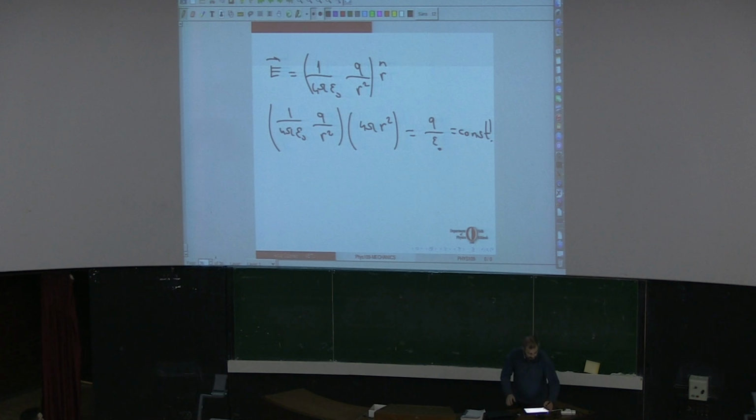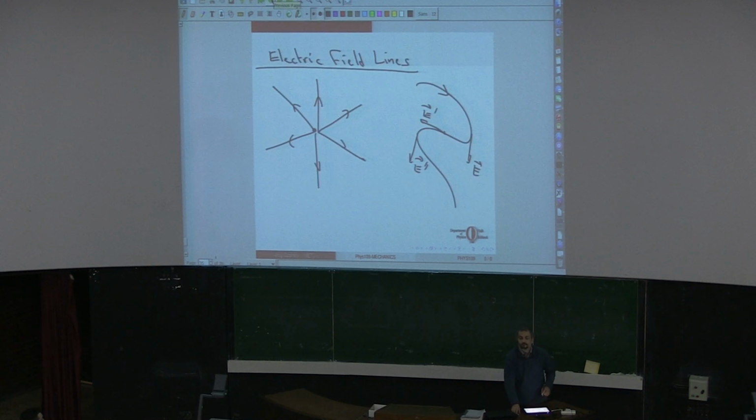Now, let's imagine these electric field lines. Of course, just imagine it as if they are circles, in 3 dimensions, sorry. So I have these electric field lines moving out in all 3 directions. Their numbers are constant.